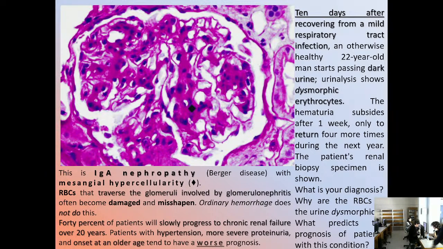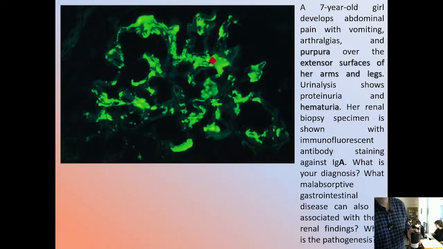So that was IgA nephropathy, with the most common morphologic pattern of mesangial hypercellularity. And you see the prognosis, there are some factors making it worse, here it is. You see?